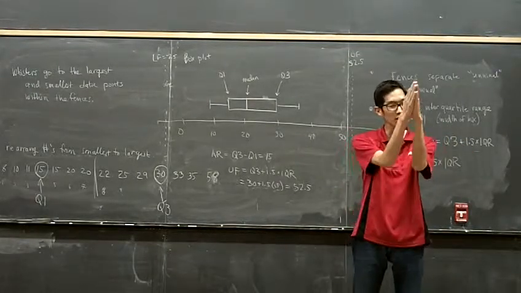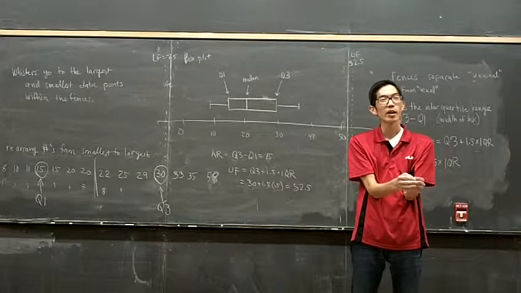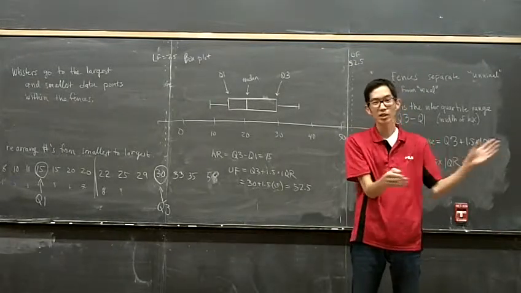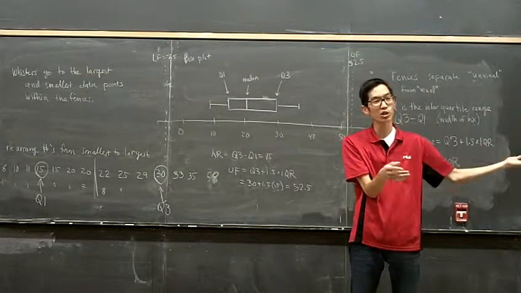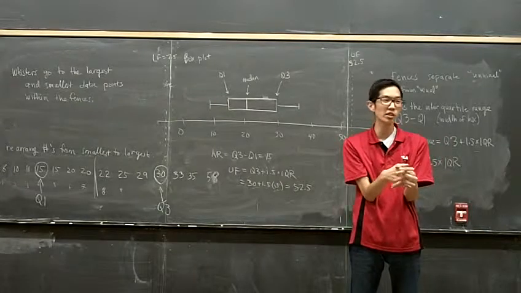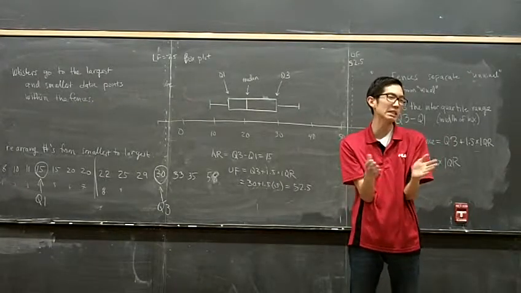So we say if the mean is located here, about how far are the points away from the mean? Some points are very close to the mean, some points are much larger than the mean or far away. And the standard deviation is kind of like, what is the average distance from the mean?